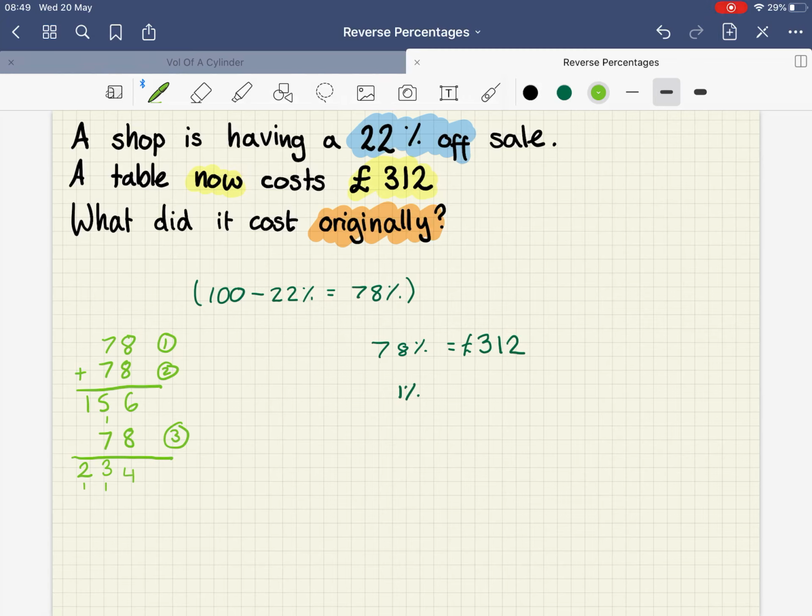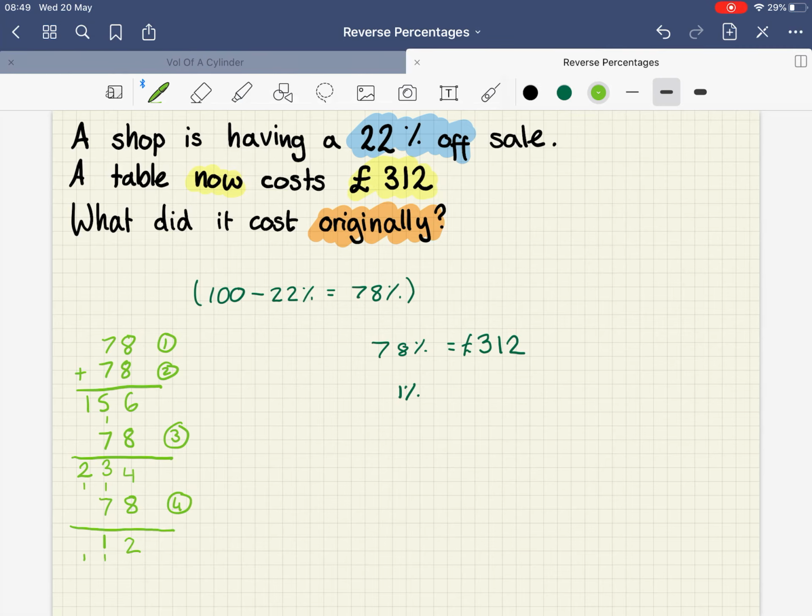Still not where I want to be, so I'm going to add on another 78. 4 add 8 is going to be 12. 3 add 7 is going to be 10. Add the 1, that's going to be 11.